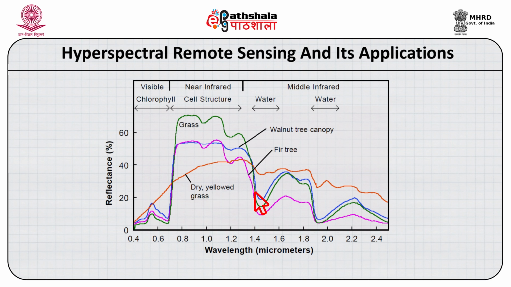But the moment you go right of 1.4, say in the region 1.6 to 1.8, again we have separability between the dry yellow grass, the grasses, and the fir and walnut tree canopy. So, this again clearly shows the fine discrimination of different types of vegetation in a particular part of the earth's surface, which, I reiterate, has been possible using hyperspectral data.